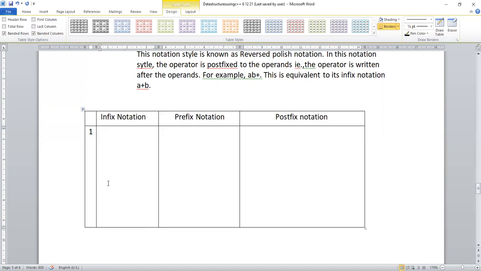in infix notation, a plus b. It can be written in prefix as plus ab.